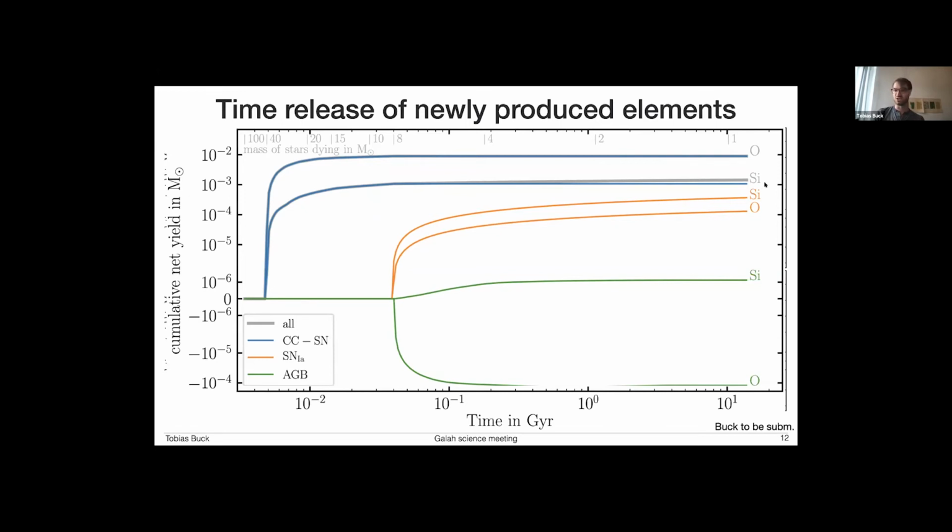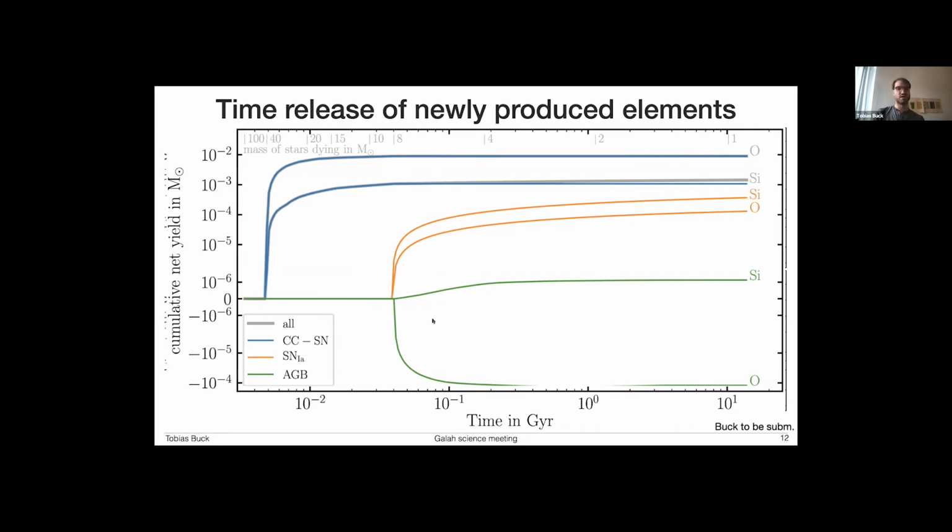And then for oxygen and silicon, you can see again, gray gives you all the oxygen or all the silicon from the simple stellar population. And then blue, orange, and green again tell you where things are coming from. And so there's a time delay between core collapse supernova and supernova 1A.